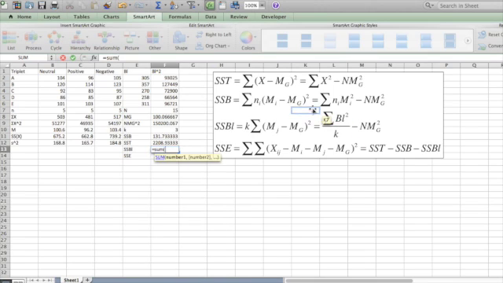So this is going to equal sum of all the block squares divided by k, subtract nmg squared. Now to compute sum of squares error, what I'm going to do is just take the sum of squares total, subtract the sum of squares between, and subtract the sum of squares blocks, and that should give me the sum of squares error.